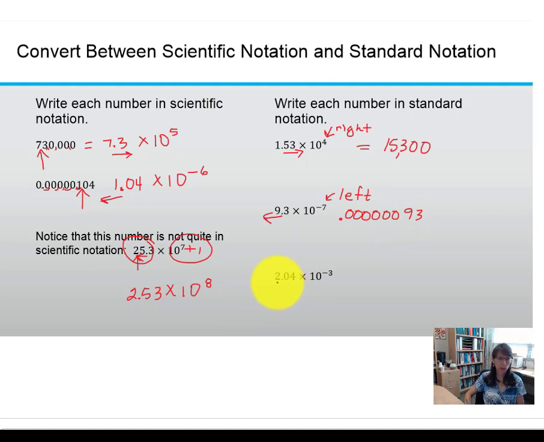In the last example, 2.04 times 10 to the negative 3, again we have a negative exponent, so the decimal needs to move to the left 3 places. We have 1 place already taken up with a digit, so we just need 2 zeros. And here is the equivalent standard form.